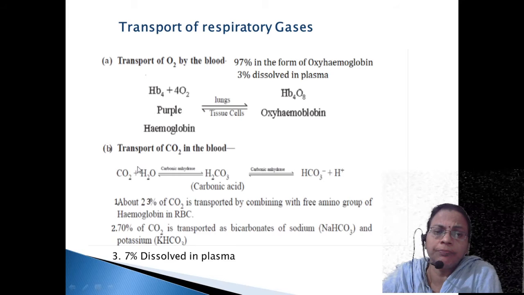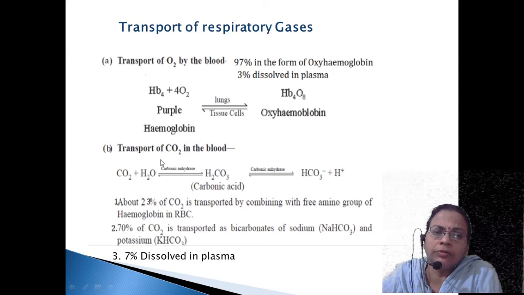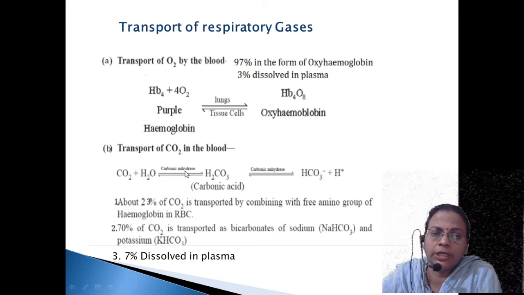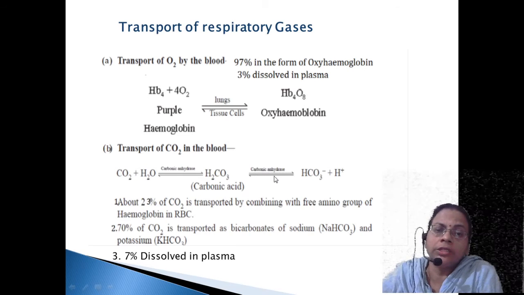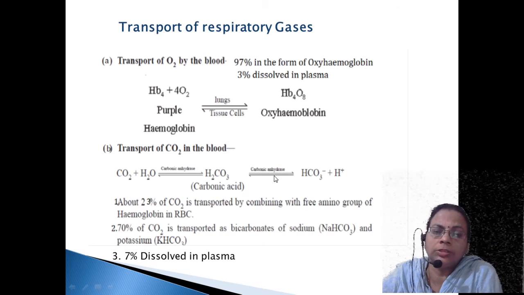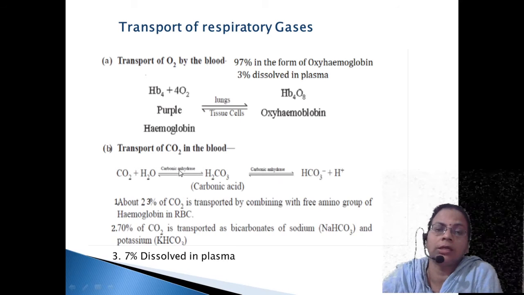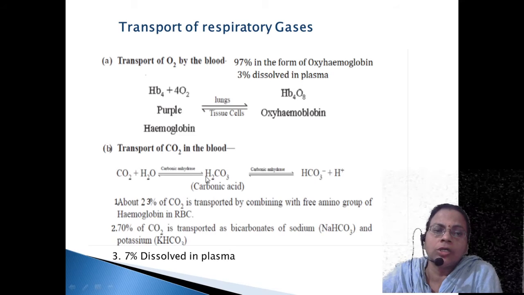So this is from tissues to the blood. The forward direction is from tissues; it is a bidirectional reaction. When the deoxygenated blood reaches the lungs, from the blood to the lungs it will return in this way.